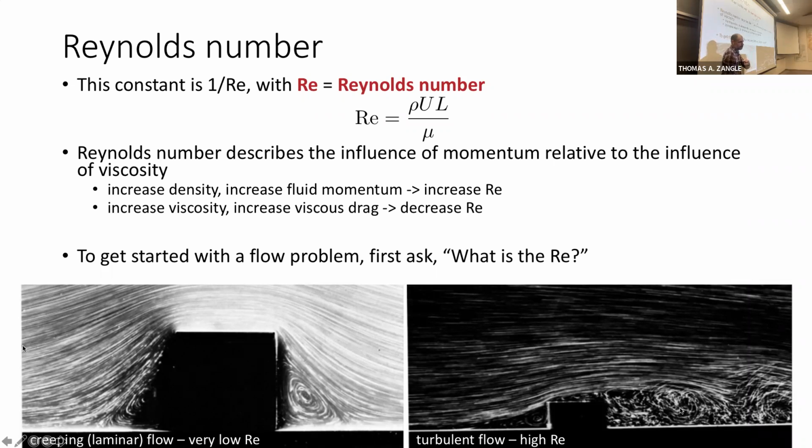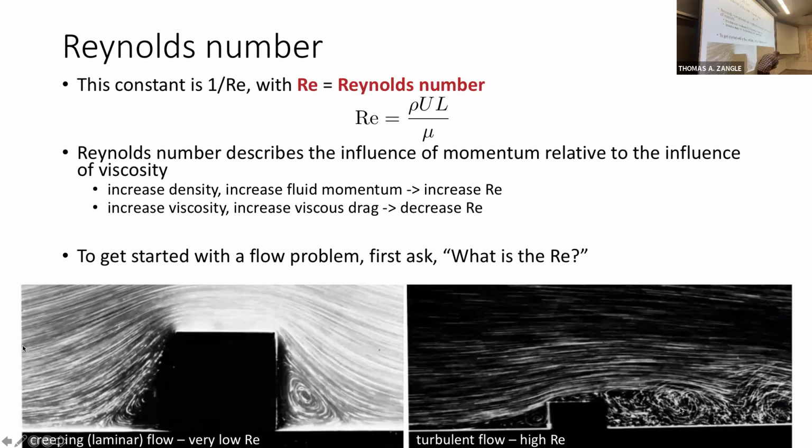Yeah. So in this case, I would probably choose L like this, right? That'd be what I would choose as L. I would choose U as the velocity far away from the block, probably. Mu and rho would just be the fluid properties. This one is probably a rectangle and this one's really a square, right? So maybe they weren't the same lab.